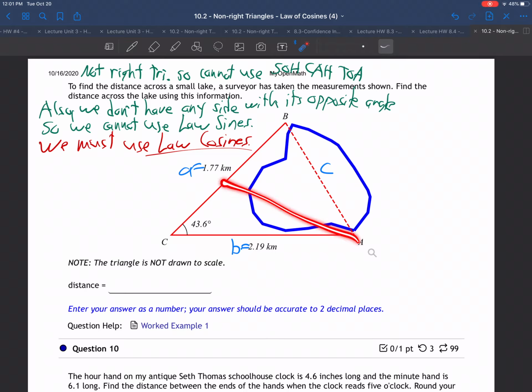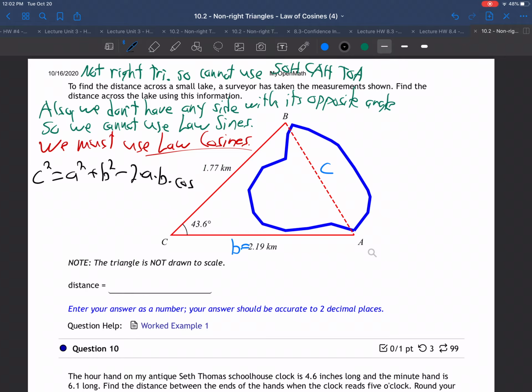Because A is across from A, B is across from B, and C is across from C. Okay, so which of the versions? Well, what am I trying to find? C, right? So I'm going to use that version of the law of cosines. So C squared is A squared plus B squared minus 2 times A times B times cosine of capital C. Okay, so there's what I'm going to use.